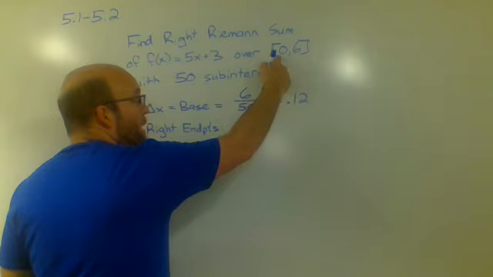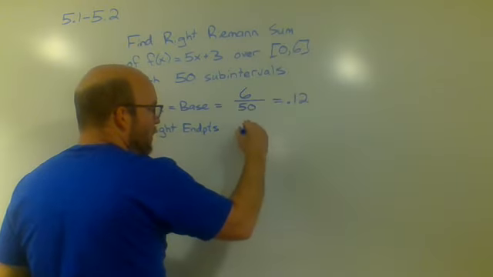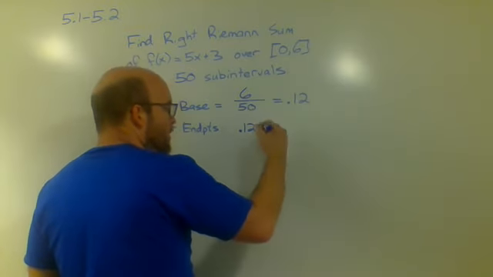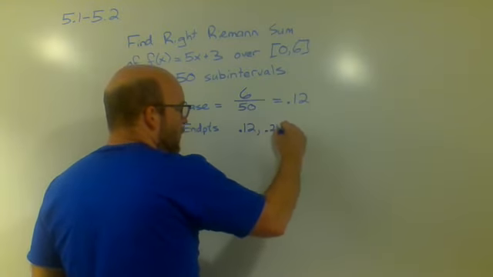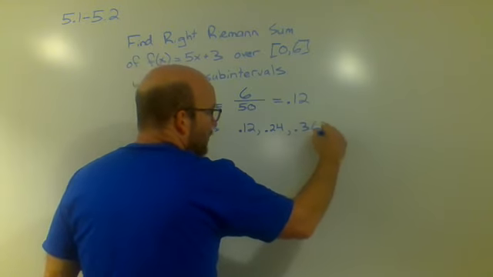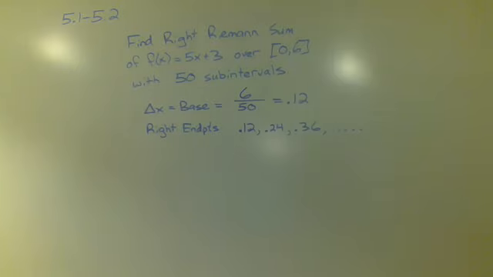So the first right endpoint would be 0.12 units after the 0. So it would be at 0.12. The next right endpoint would be another 0.12 units after that. It's going to give you 0.24. The next one's another 0.12 units after that. It's 0.36. And of course, we're not going to write that out 50 times. That would be ridiculous.